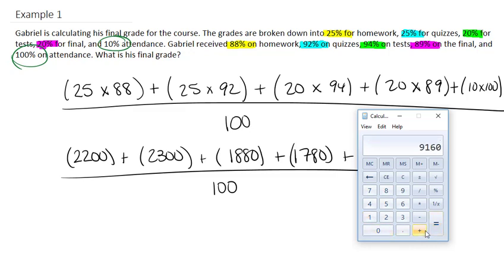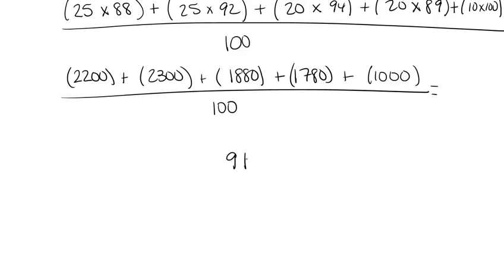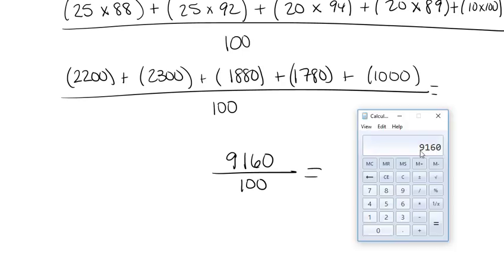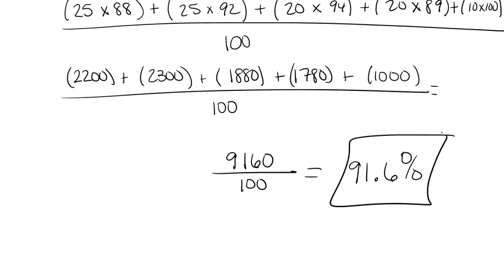So we get 9160. And this is all over 100. So this can be divided by 100, which will get us to 91.6%. And this would be the final grade for the course.